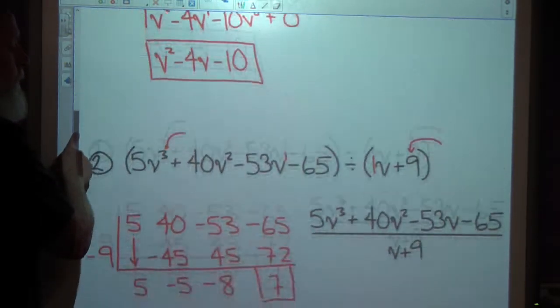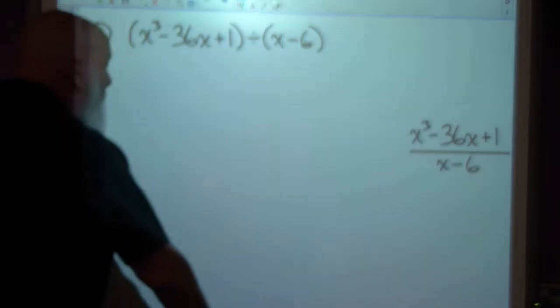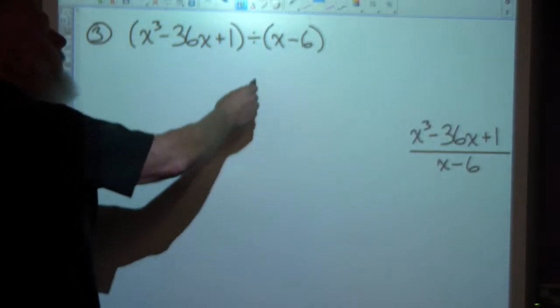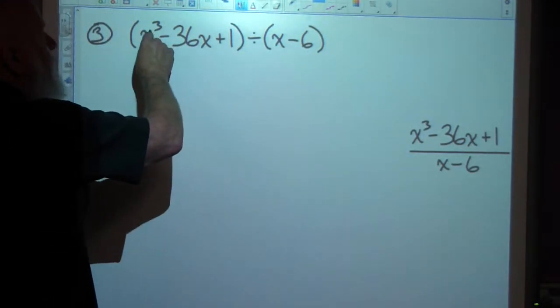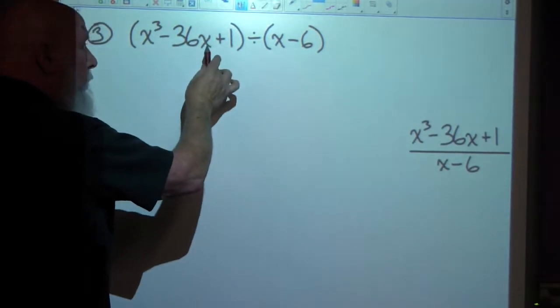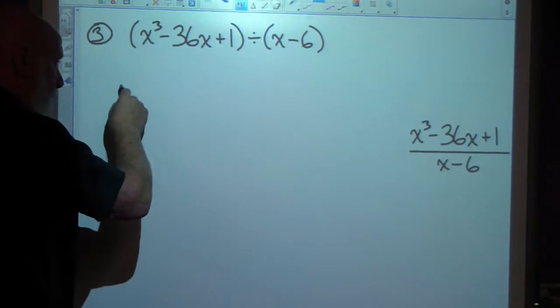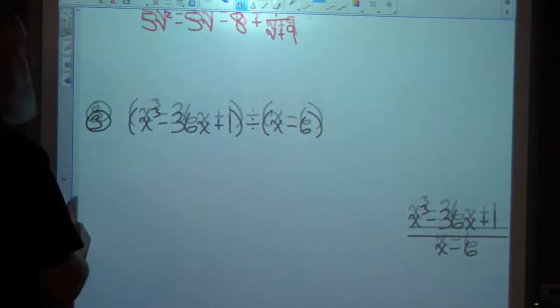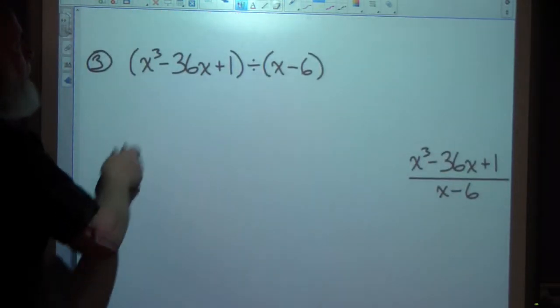So there's 1, there's 2, there's 1 more here. And the first thing I'm going to do is make sure that this is a 1, which it is. And make sure that all my powers of, in this case it's x, are showing. So 3, 2, I'm missing 2. So before I start doing division, I've got to show all of my powers.